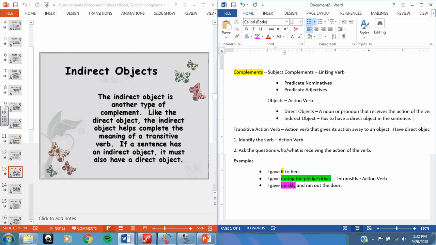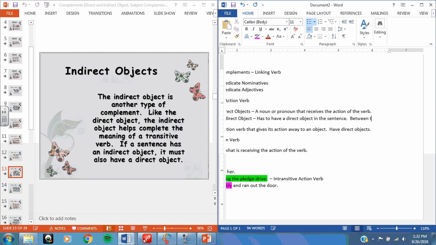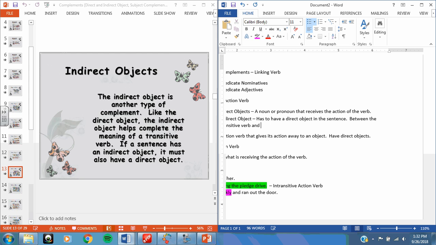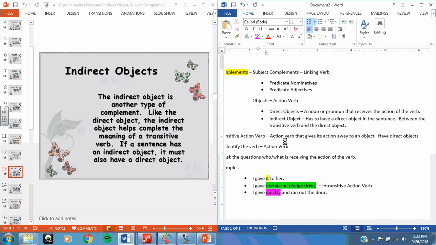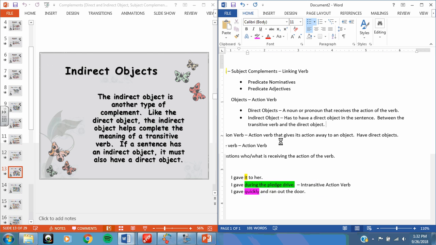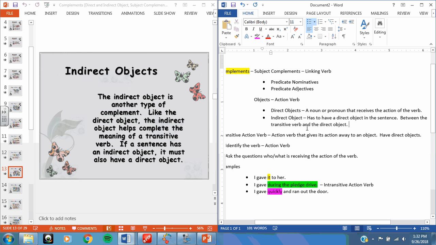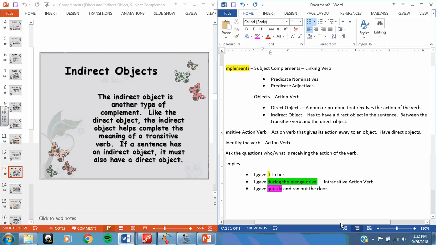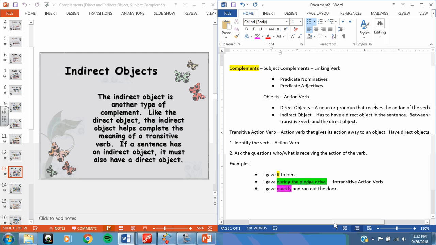Also, indirect objects always fall between the transitive verb and the direct object. So that's a pretty big clue. You know where it has to be, and if a sentence does not have a direct object, it's certainly not going to have an indirect object.